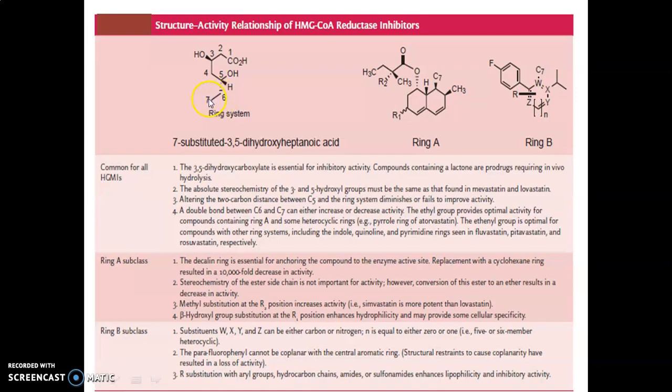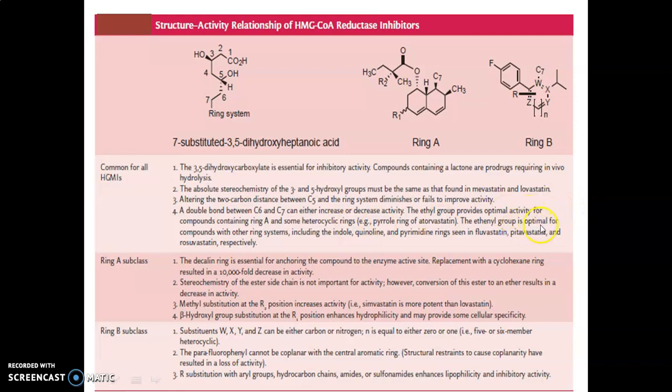So here the C6 and C7 carbons are present. This indicates the ethylene bridge. If we increase or decrease this distance, it decreases or fails to improve the activity. The double bond between C6 and C7 can either increase or decrease activity. The ethylene group provides optimal activity for compounds containing ring A and some heterocyclic rings.